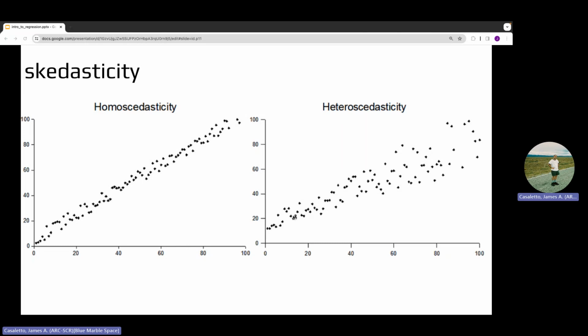On the right, however, as we move from left to right, the data get more scattered, and that is called heteroscedasticity. And the method of least squares that we're using here is vulnerable to heteroscedasticity. We're not going to talk about it much more. I wanted you to be aware of it. And in the hands-on exercise, I'll show you a way that you can use to identify whether there is heteroscedasticity in the data set.